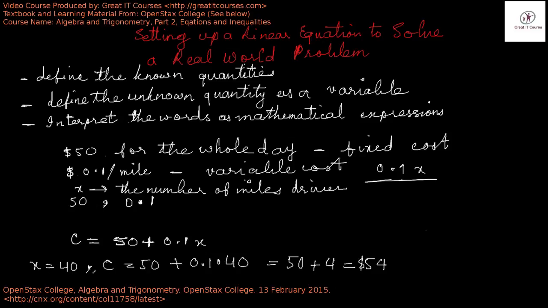If let's say you drive the car for, I don't know, 50 miles, then it's going to be $55. 60 miles, it's going to be $56, and so on and so forth.